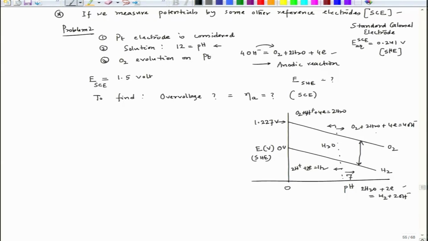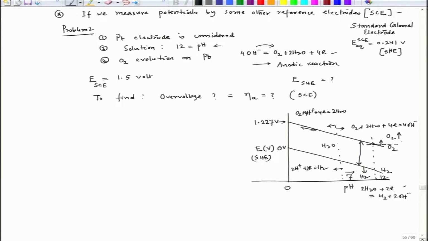Now, since we have taken pH to be 12, and we are considering oxygen evolution, we are looking at this particular line. Beyond this line oxygen evolves, and below this line hydrogen evolves. So, we have to first consider the equilibrium potential at that pH.